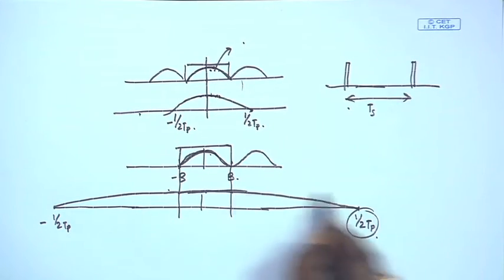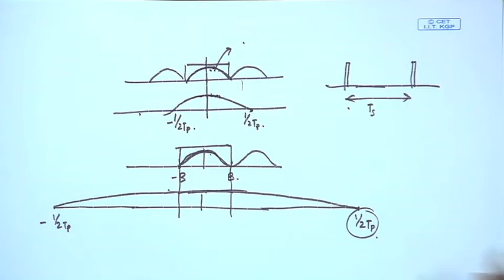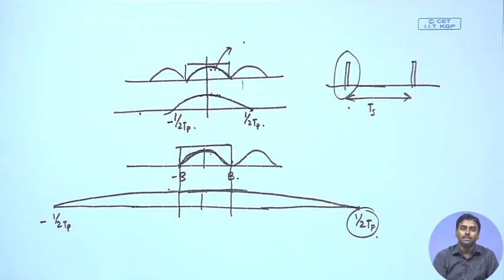So, I know that if it is an impulse, then this will be completely flat and I do not have any distortion, but I cannot generate an impulse. So, what I need to do is generate a finite width pulse, because then the energy will be restricted, but I also need to ensure that the pulse width is as small as possible, because then there will be no distortion due to this modulation technique.